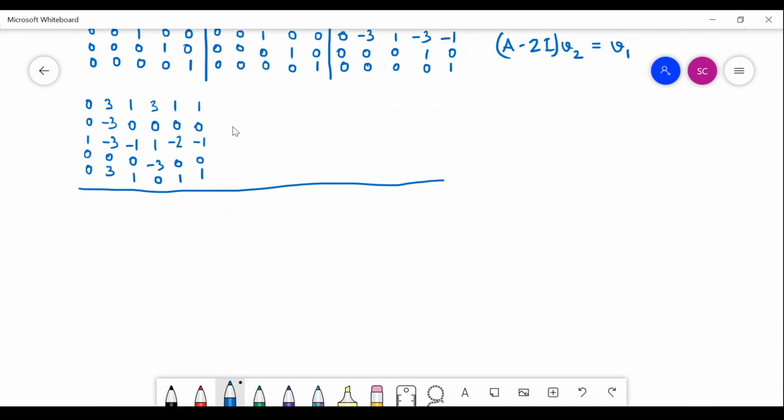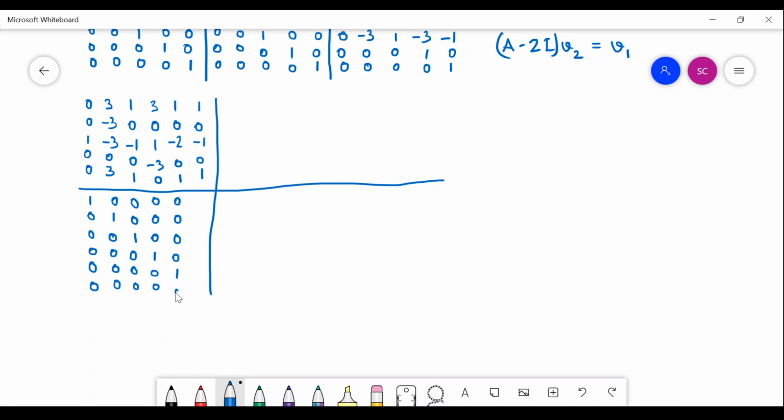And now we have 6 vectors at the top, so there would be a 6 cross 6 identity matrix at the bottom. Now we again start with the column operation. So again I am taking this as pivot element number 1.